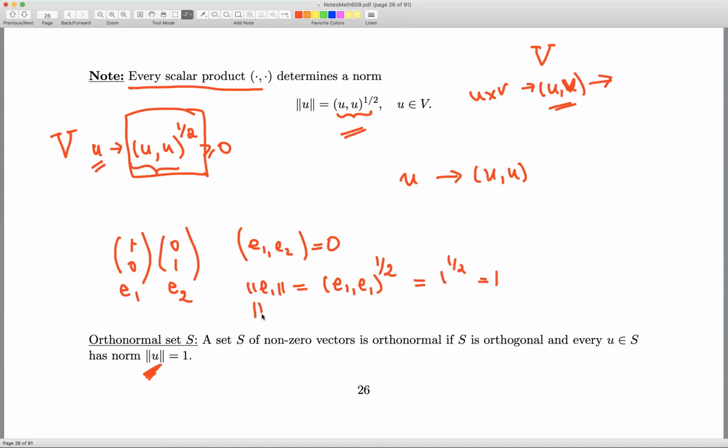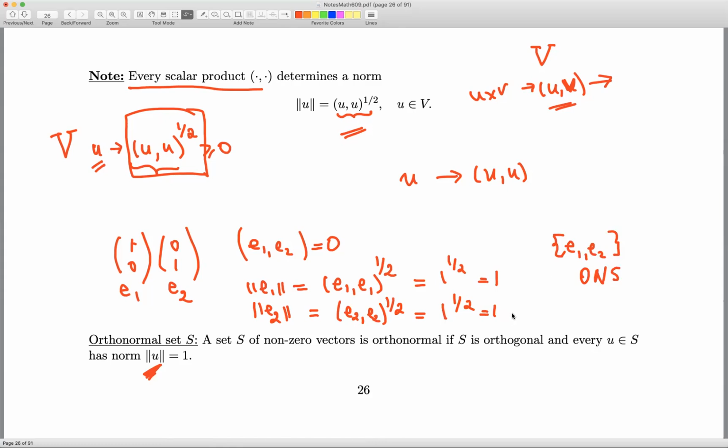In the same way, the norm of E2 is the inner product of E2 with itself to the power 1/2, which is 0 times 0 plus 1 times 1, so 1 to the power 1/2, which is 1. So the set of vectors E1 and E2 is an orthonormal set.